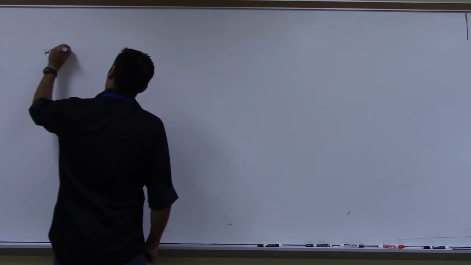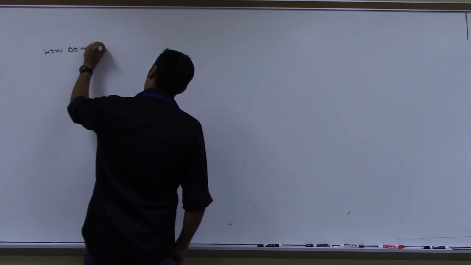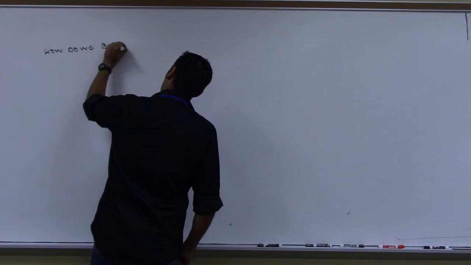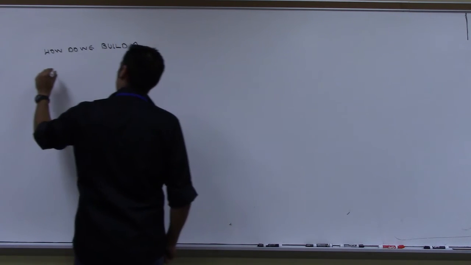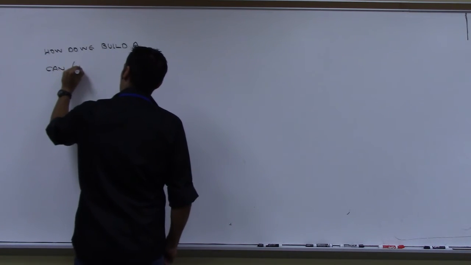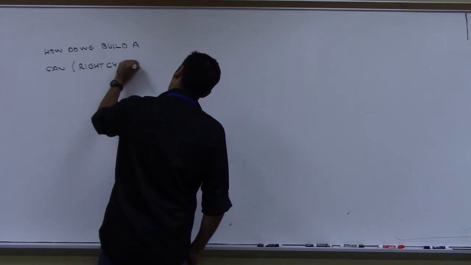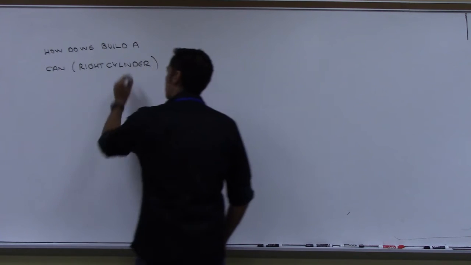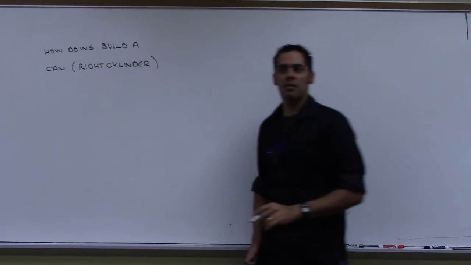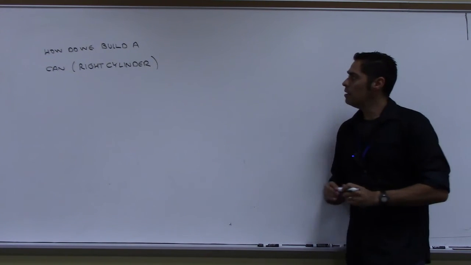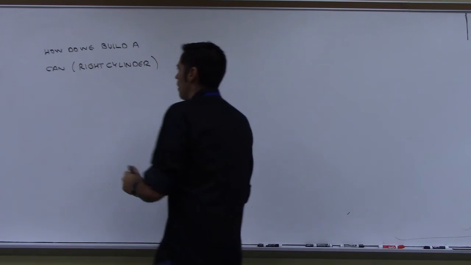How do we build a can, which is going to be a right cylinder? Nothing says a can has to be a right cylinder, so we're going to assume it is.